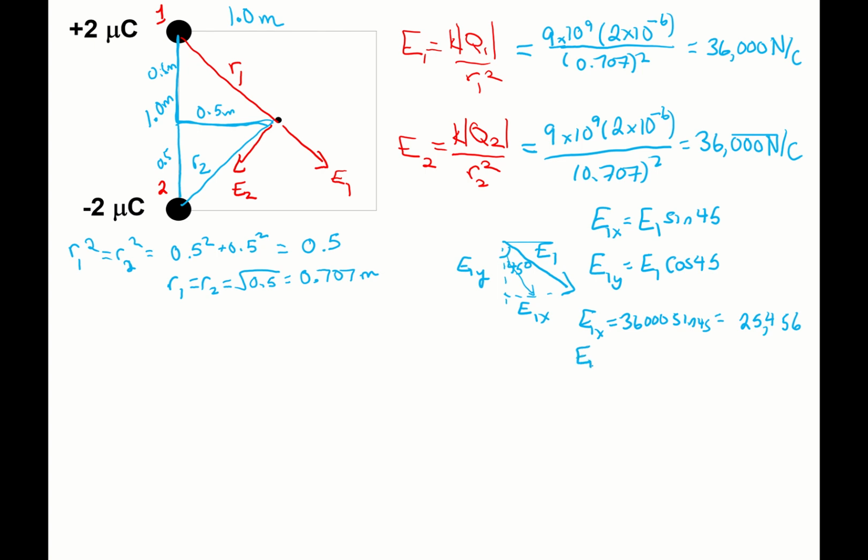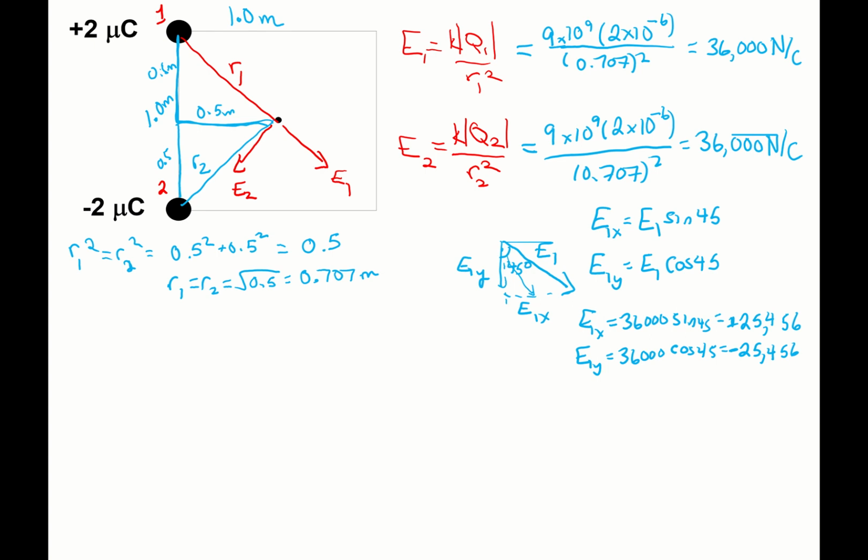For E1y, 36,000 cosine of 45, I get exactly the same number because sine and cosine of 45 are the same. The x component is positive because it's going towards the right. The y component is going down, so it's negative.